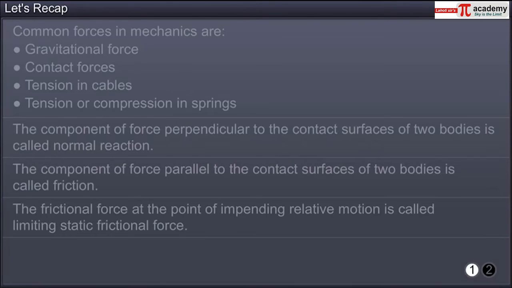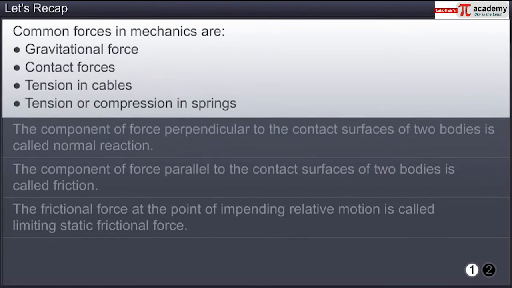You have now reached the end of this module on friction. In this module, you learned that common forces in mechanics are gravitational force, contact forces, tension in cables, and tension or compression in springs.